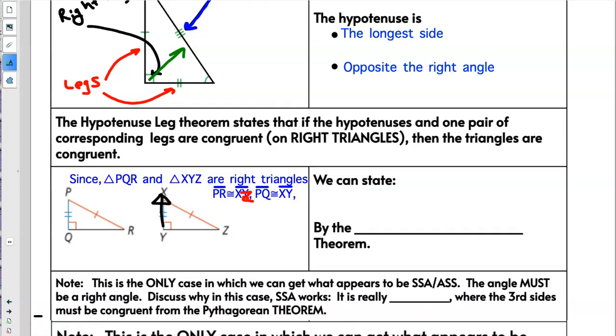PQ and XY are legs that are congruent. Then I can state that these two triangles, PQR and XYZ, are congruent by the hypotenuse leg congruence theorem.